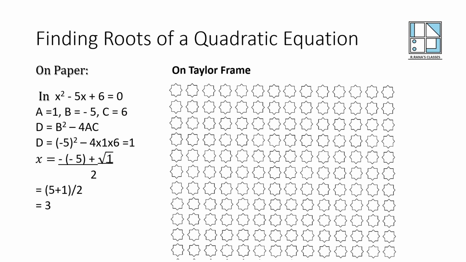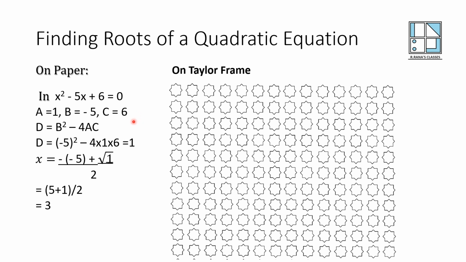Let us now find roots of a quadratic equation on paper as well as on Taylor frame. In the equation x squared minus 5x plus 6, what we have is a is equal to 1, that is coefficient of x squared is 1, b is minus 5, coefficient of x is minus 5, and c, the constant term, is 6.